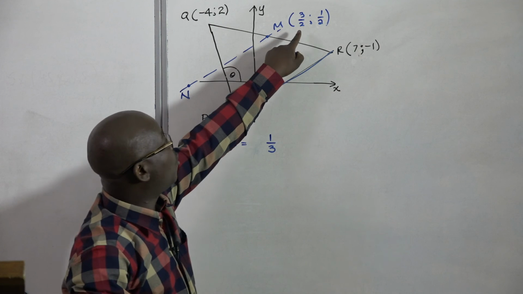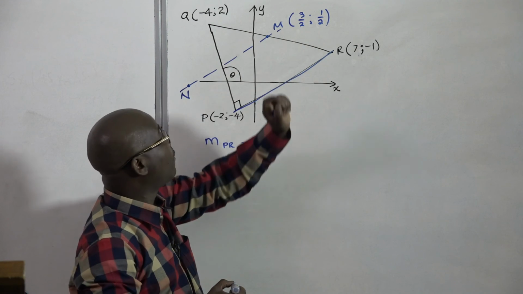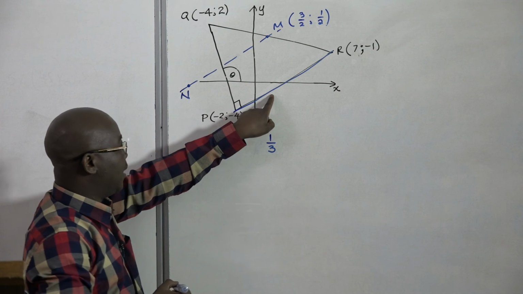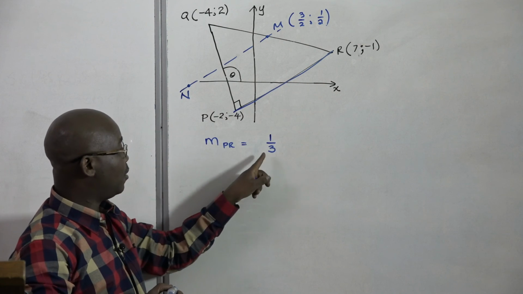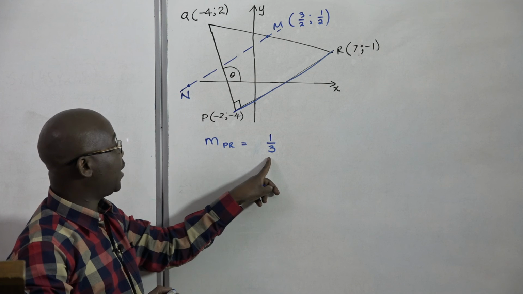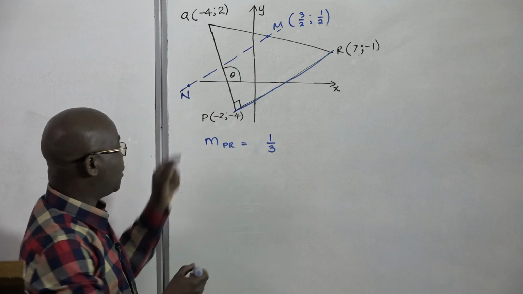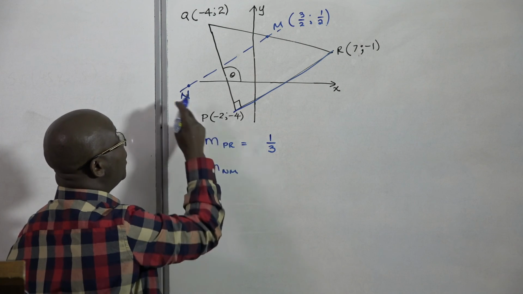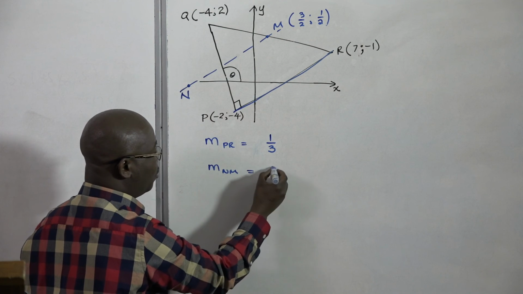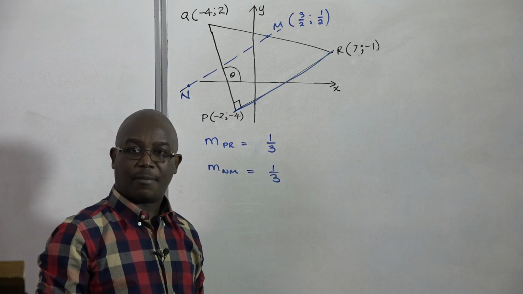We already know the coordinates of the midpoint from our previous calculation. We did calculate the gradient of PR in our first calculation, and we found that to be 1 over 3. Therefore, if this line is parallel to that line, it means the gradient of NM, the new line, is also going to be equal to 1 over 3, because these two lines are parallel.